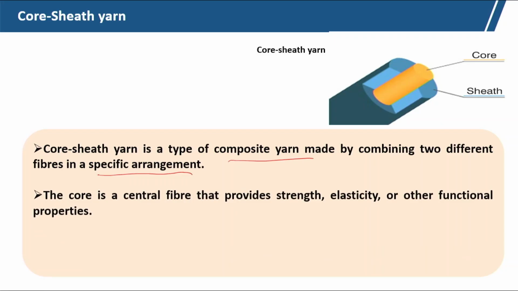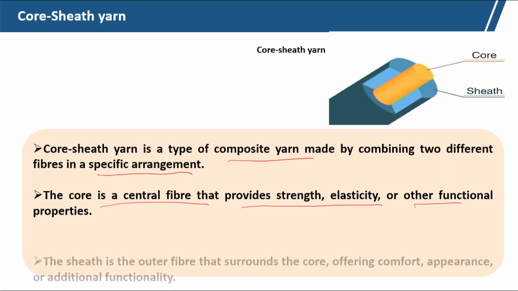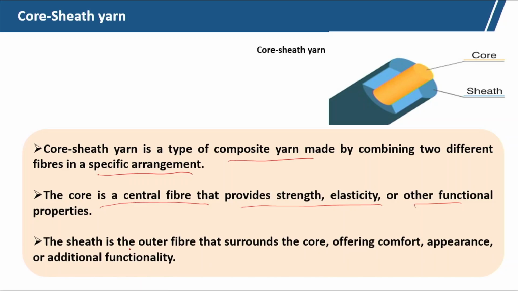The core is a central fiber which provides the strength, elasticity or other functional properties, and the sheath is the outer layer fiber which offers the comfort, softness, appearance, additional functionality. So, this is a little bit different from the other composite yarn.